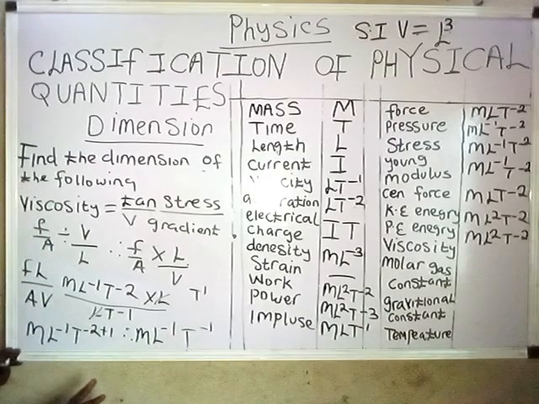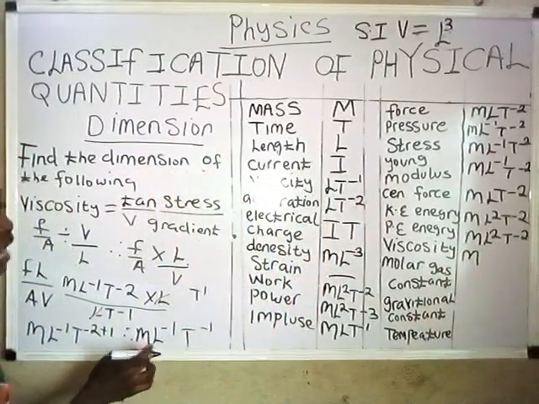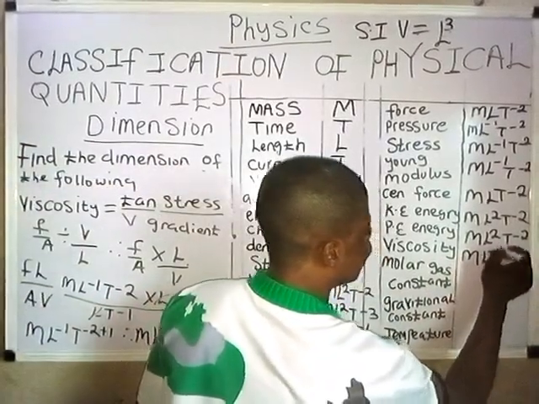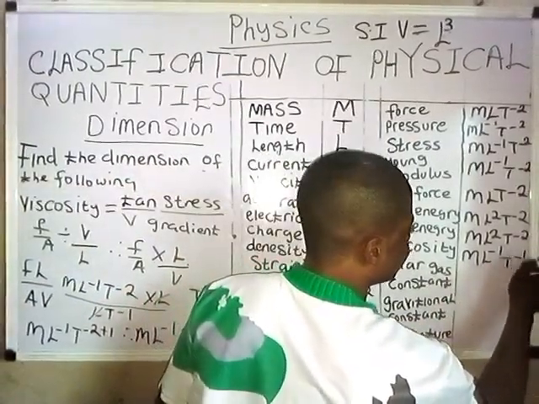So the dimension for viscosity is M L^-1 T^-1.